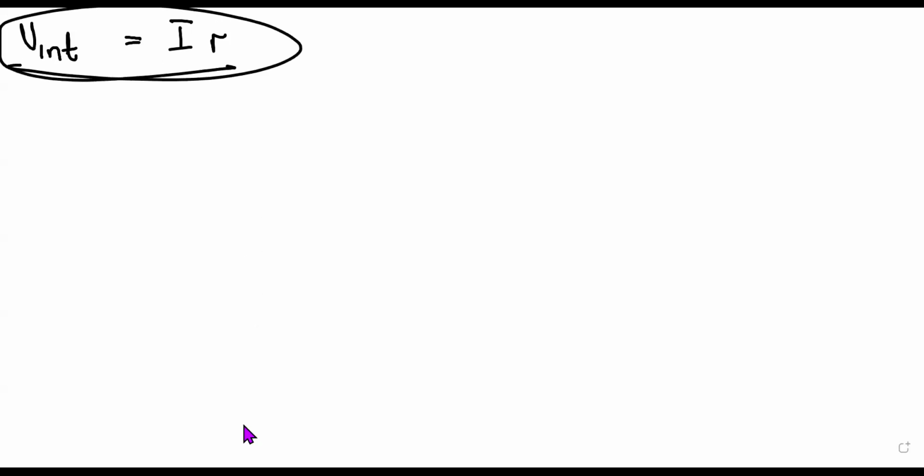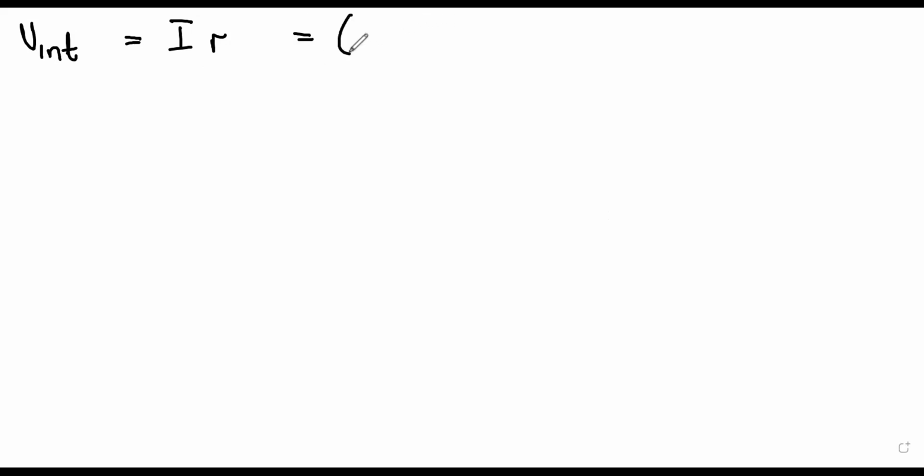So what I'm saying is as follows. The first thing we need to do is to find the potential difference of the internal resistor. And this one, we are allowed to go ahead and say it's equal to IR, okay? But for everything else, we begin with the original Ohm's law.